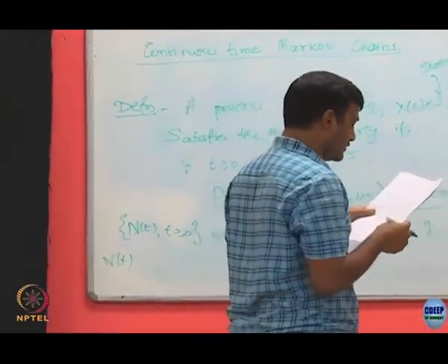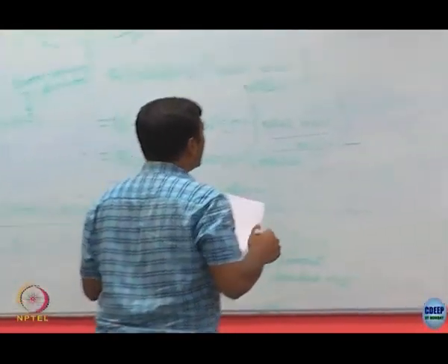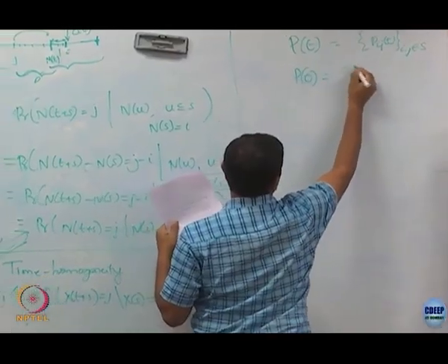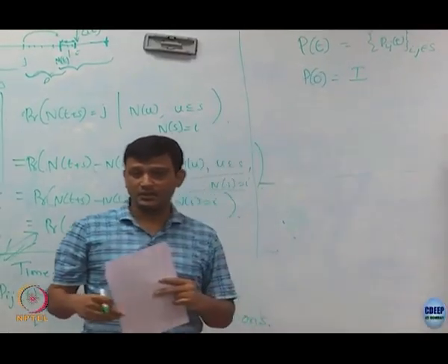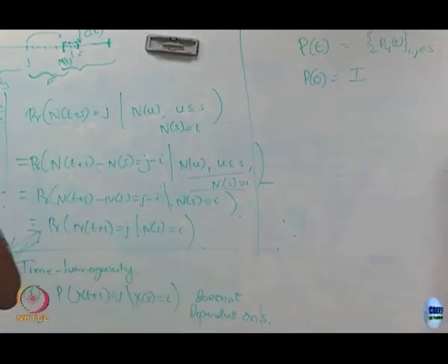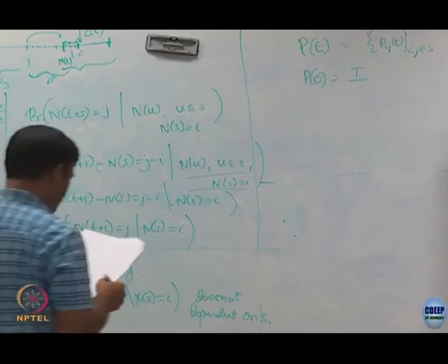Yes, all the rows are going to sum to 1. And like in the earlier case, we are going to define P of 0 to be I, the identity matrix. In 0 time you are just going to fall back in your own state, not move to any other state. So only the diagonals will be 1, and the others are going to be 0.